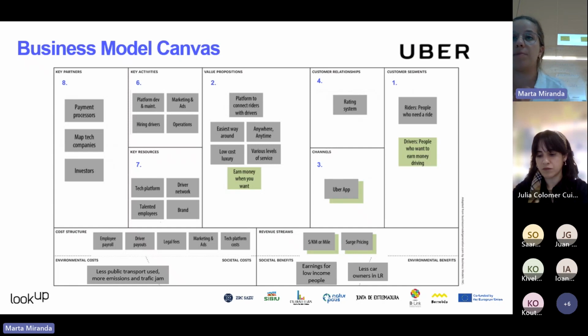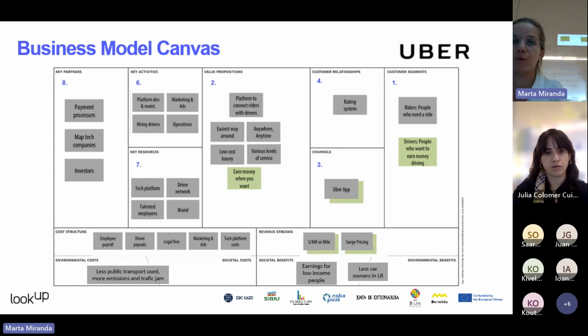People are using Uber not instead of their private car, but instead of the public transport, and this will have an environmental cost because of the high emissions and the traffic jams that will be caused by Uber. So this is a very quick and very brief explanation of the business model canvas.